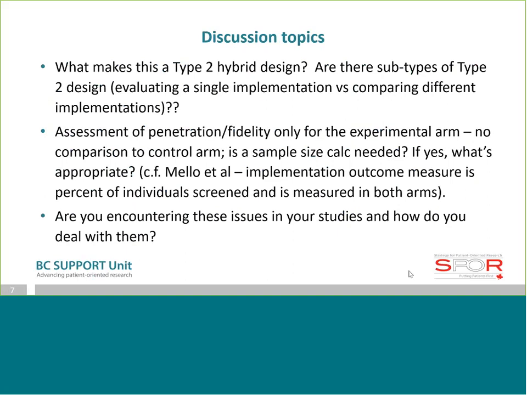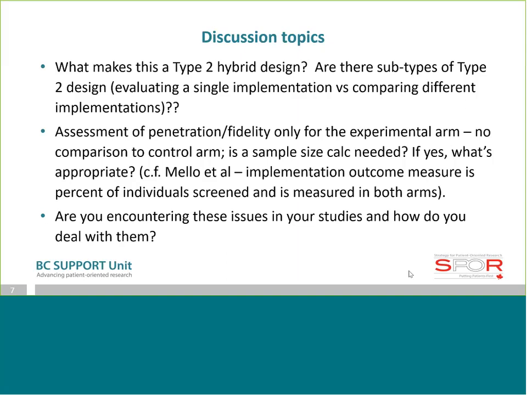If you only have one implementation, how can you be comparing it to something? Because that's what a sample size calculation is meant to do, to say, how many do you need in order to compare? So I got really confused when they did that. Now, if you compare that to one of the other papers, which is on the resource list by Mello, they only have one implementation, but the outcome measure they're using is something that you can measure for both arms.